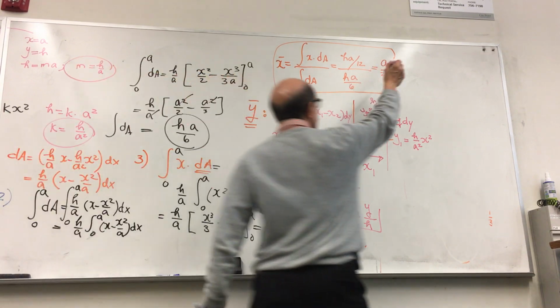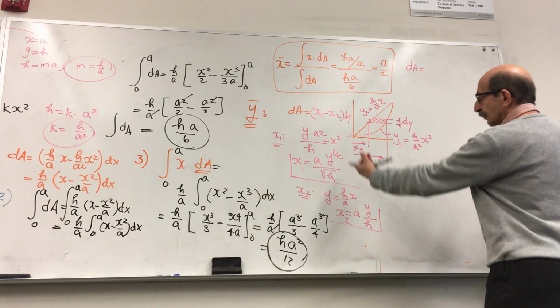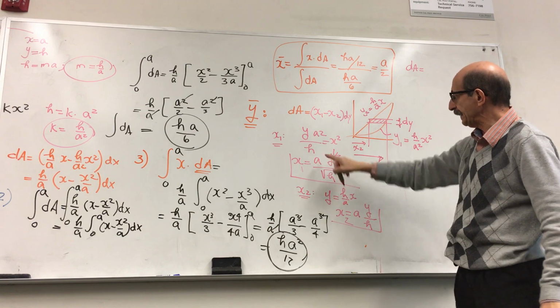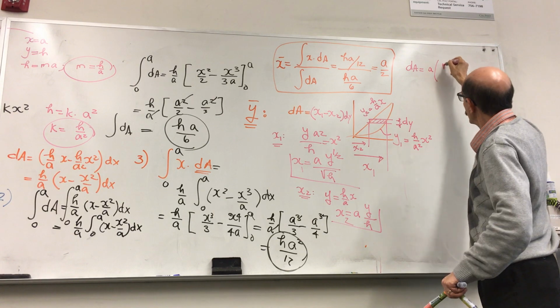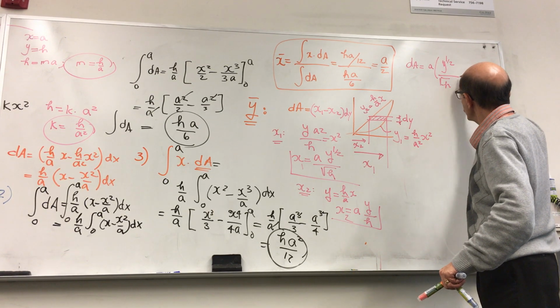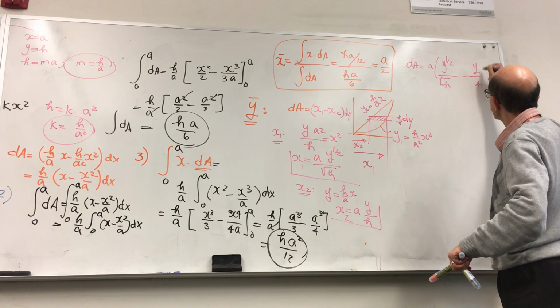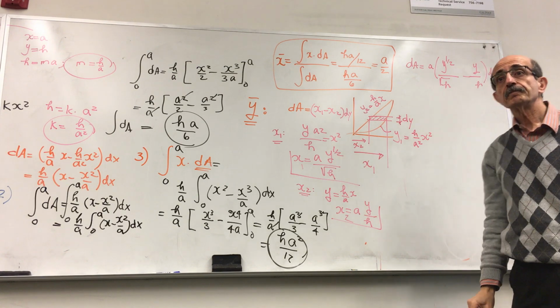So dA would be x1 minus x2. I will factor a out to make it a little bit easier. So you have a times y to the power of half divided by the square root of h minus y divided by h, dy. This is dA.